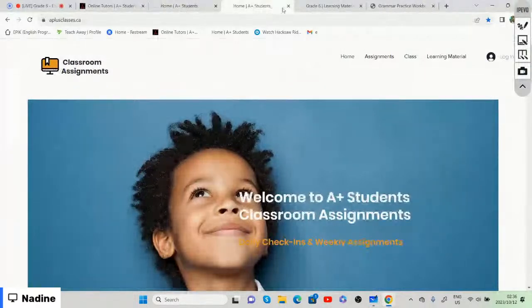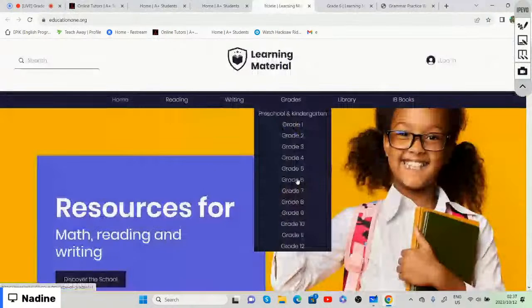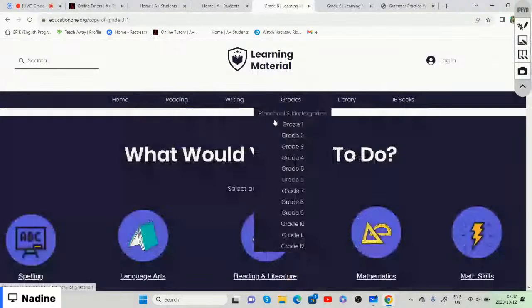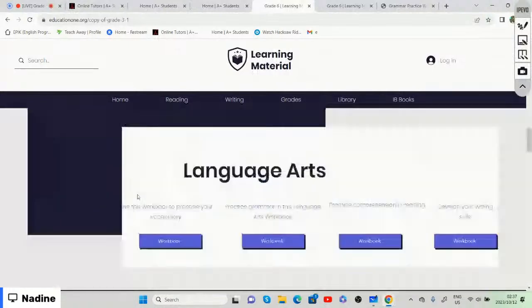We're going to learning materials, grades. We're going to choose grade 6. Then we're going to scroll down until we get to that green book that has language arts. And then we go to not the first workbook, but the second workbook that says practice grammar in this language arts book.